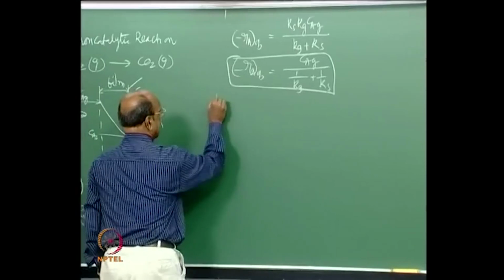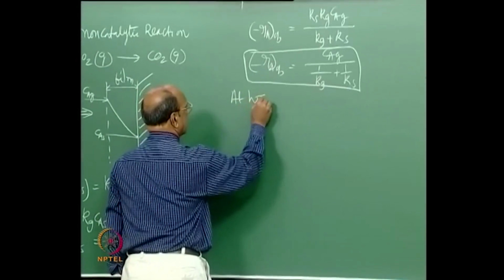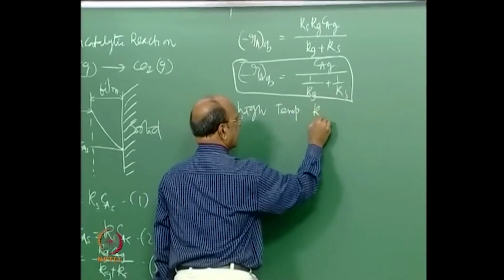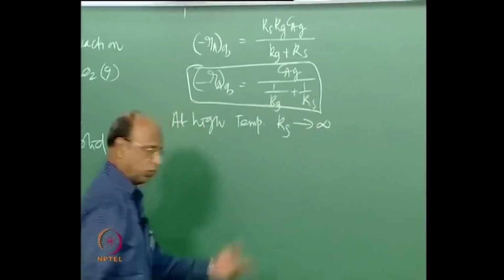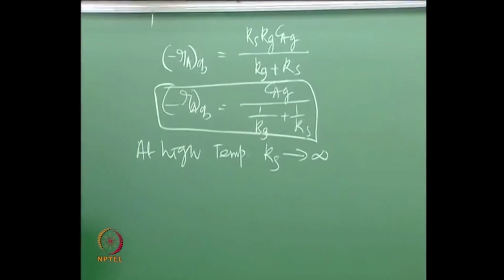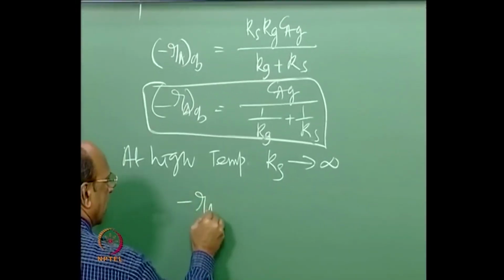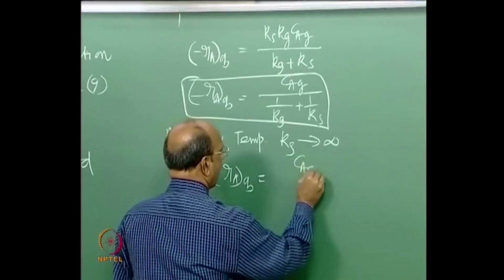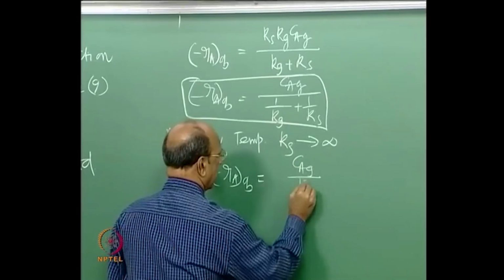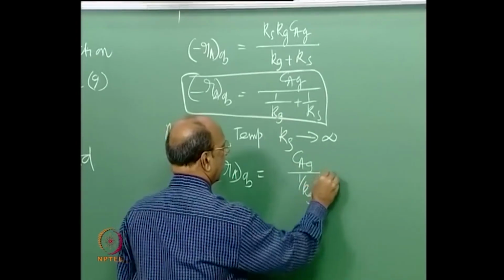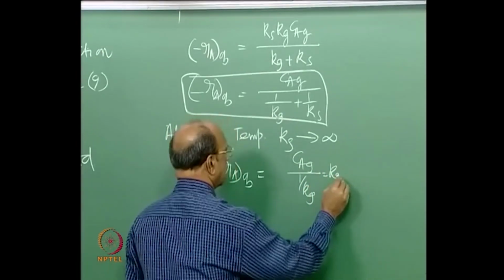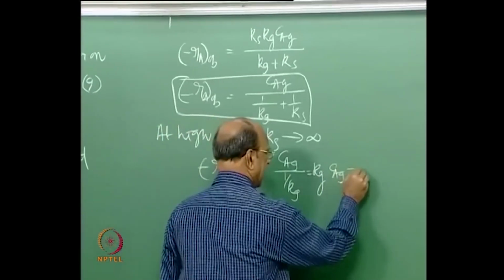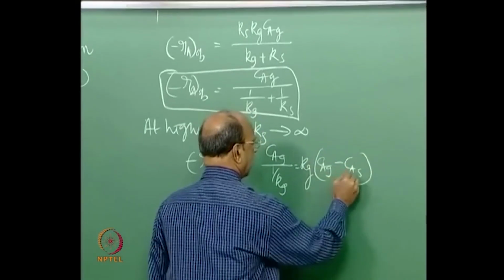So, at high temperatures Ks is large, tending to infinity, just as an example. Then we have minus rAOB equal to CAG by 1 by Kg, or Kg CAG, which we can write as the mass transfer equation, which is equal to 0.